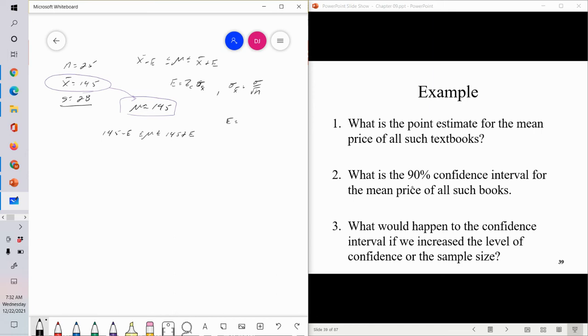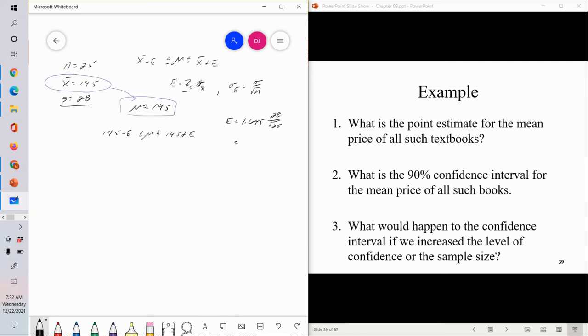The margin of error is z sub c, 1.645, and that's 1.645 because we want a 90% confidence interval. Okay, times s divided by the square root of n.